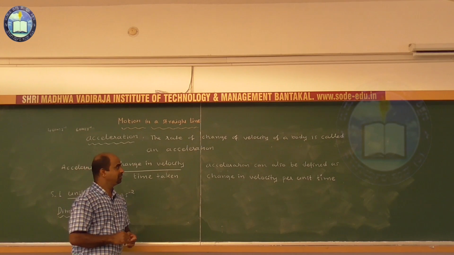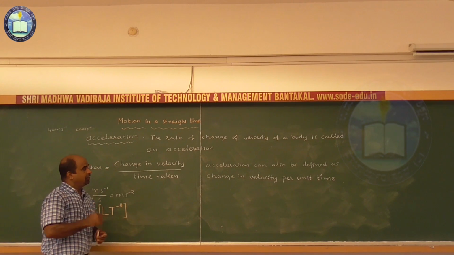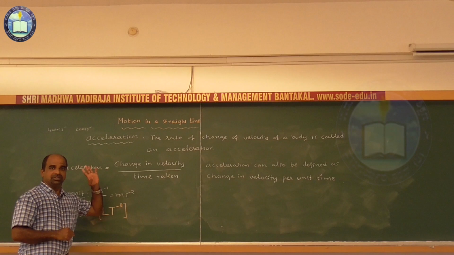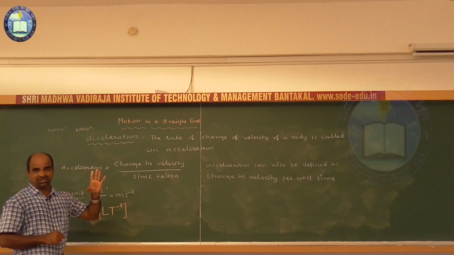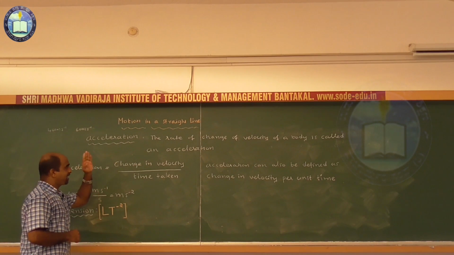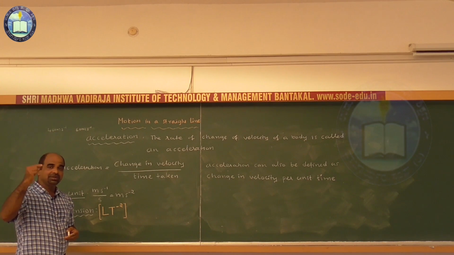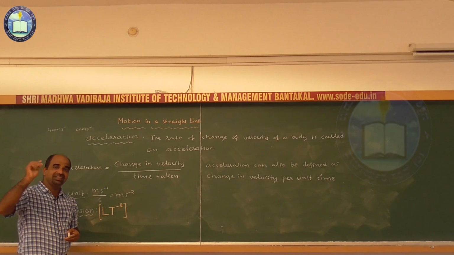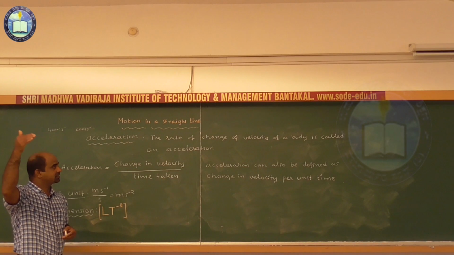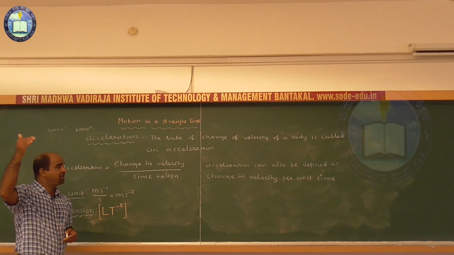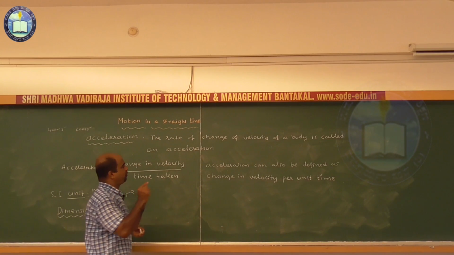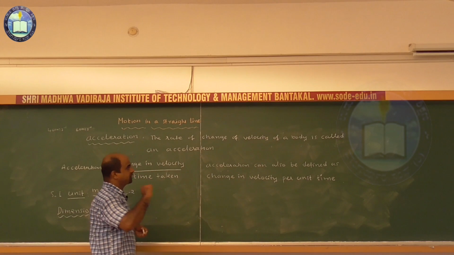Any doubt? So far we have studied the difference between speed and velocity, and also about acceleration. Whenever the velocity of a body is non-uniform, then that body is said to move with acceleration. So acceleration of a moving body can be defined as the rate of change of velocity of a body with respect to time.